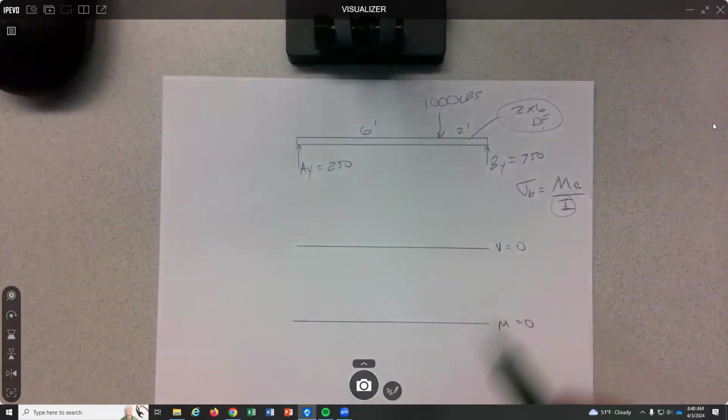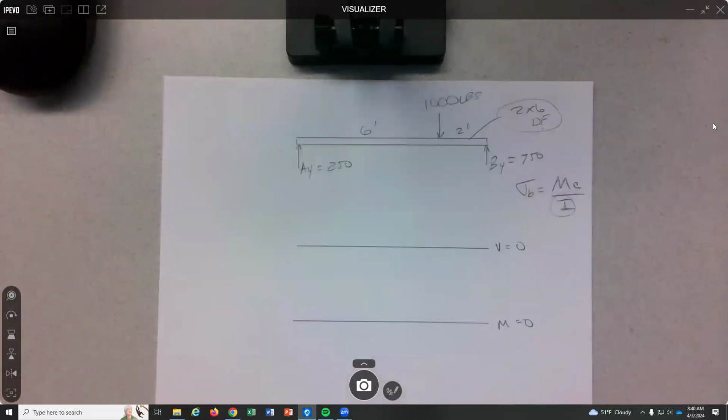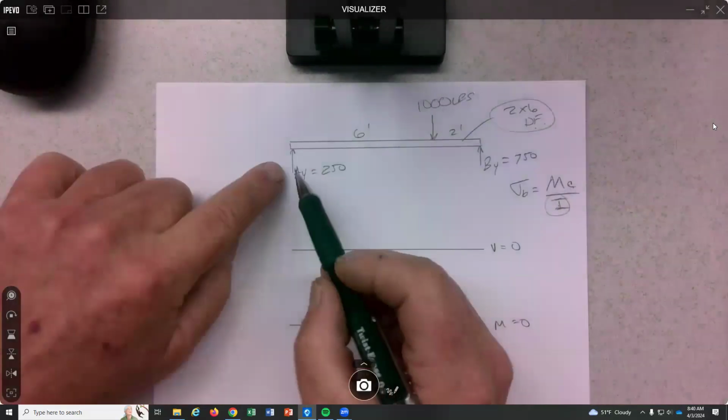So remember, shear is this down force. It's like, is it gonna just shear off, right? So shear is all about forces. But then we can make the moment diagram from the shear diagram. That's the easiest way to do it. So the way we made the shear diagram is we literally just follow these forces.